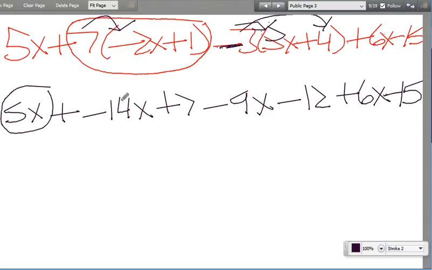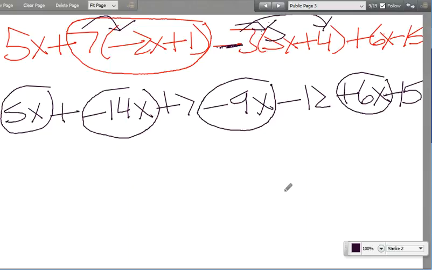So 5x, negative 14x, that would be a negative 9x. And then we have another negative 9x, and we have a positive 6. So in your calculator, do 5 plus negative 14 plus negative 9 plus 6.